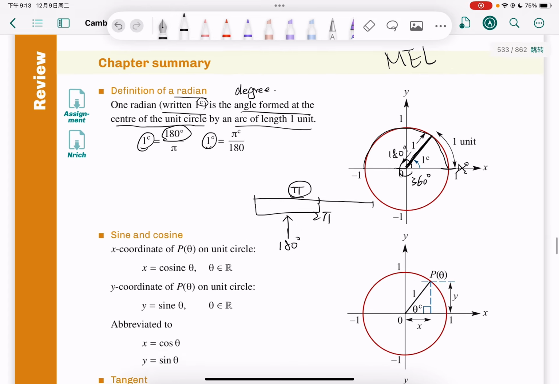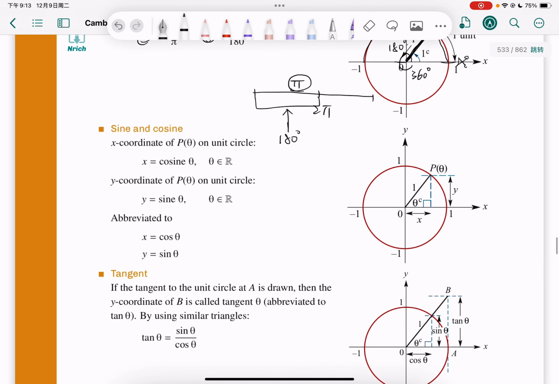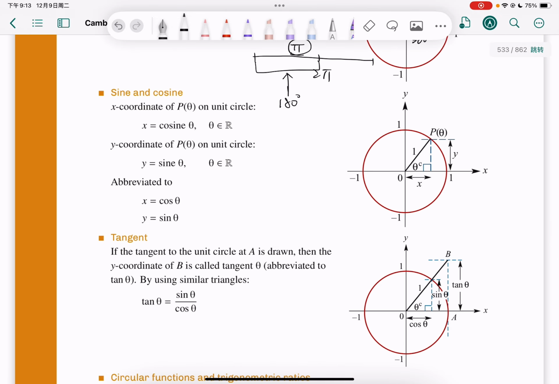Okay, let's move on. So what about sine and cosine? We usually write them as sine theta and cosine theta. For the x coordinate of P theta on a unit circle, we have x equal to cosine theta.